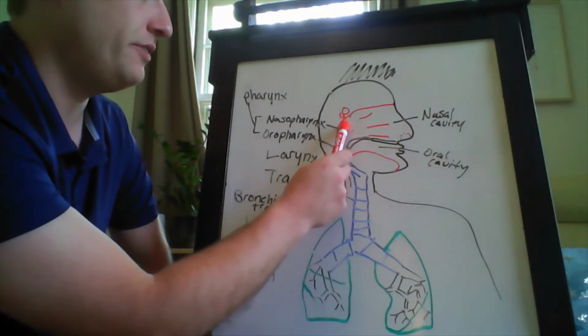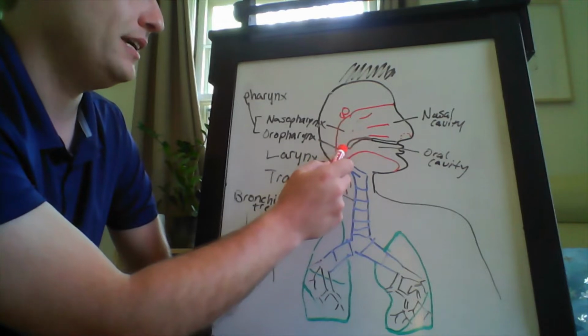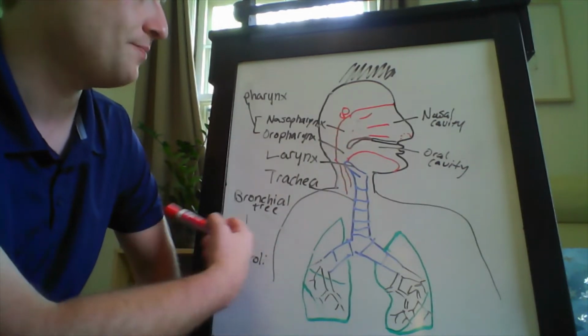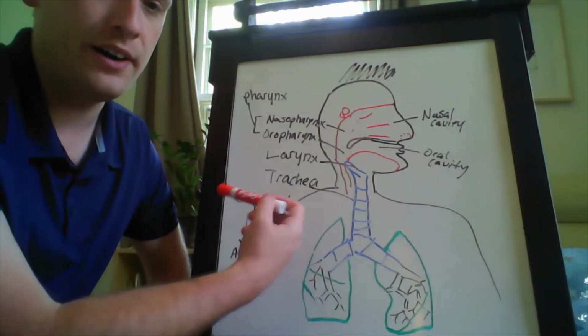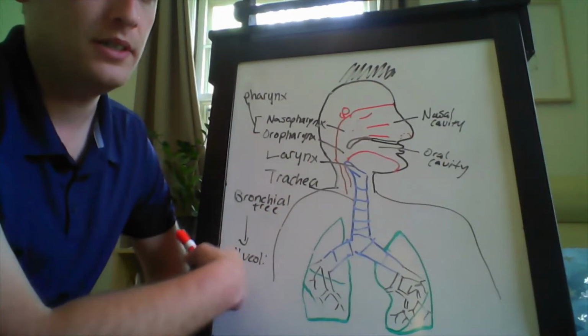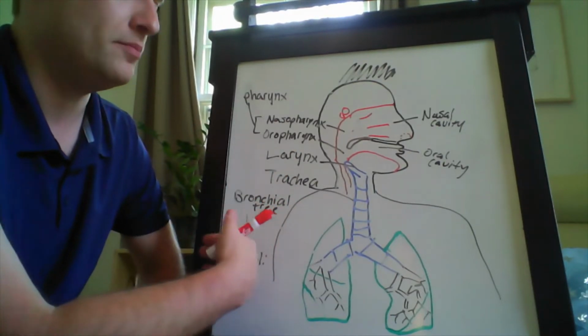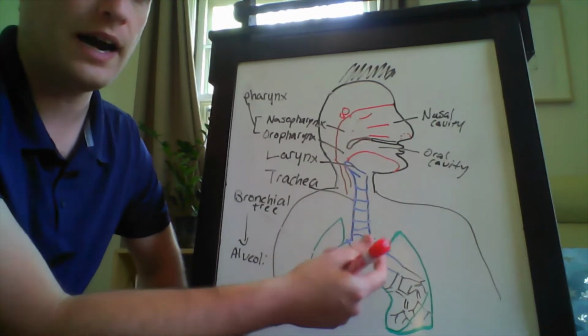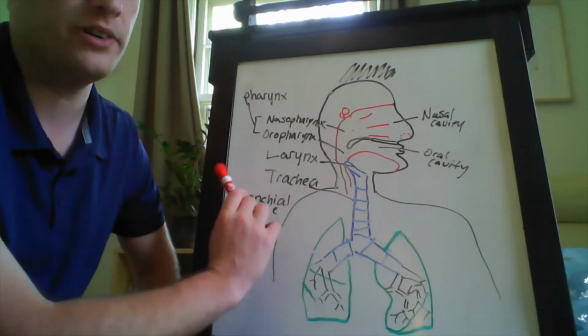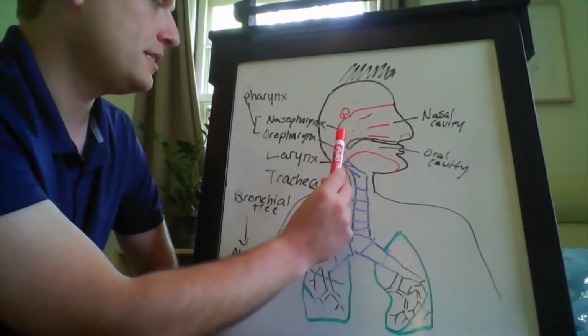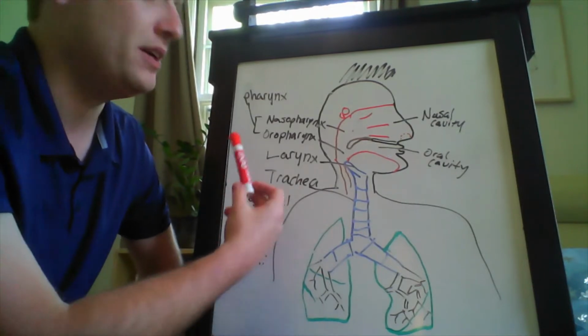So you have the nasopharynx superior to the inferior oropharynx. Another term for the pharynx is just the throat. Anytime anyone refers to their throat, the structure they're actually referring to, in a clinical sense, would be the pharynx.